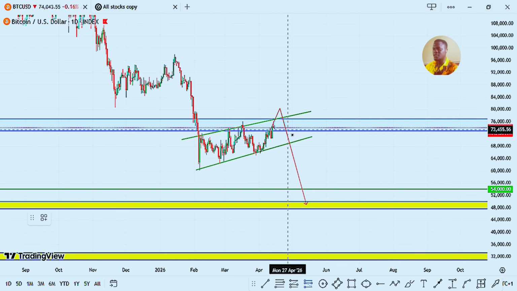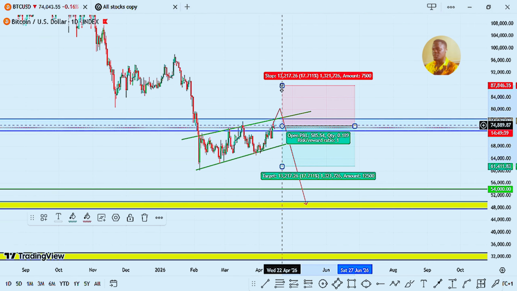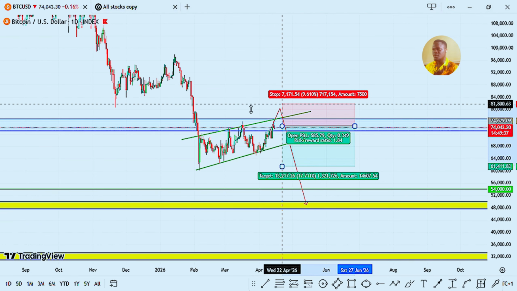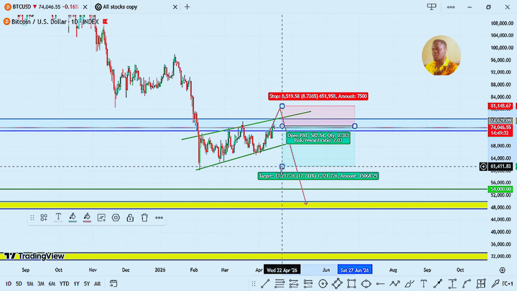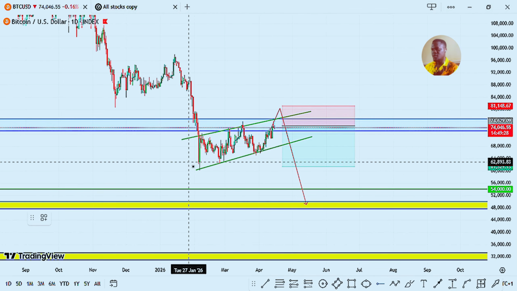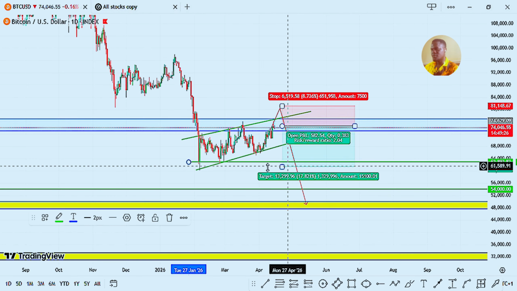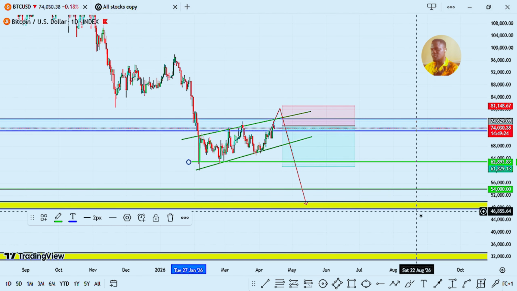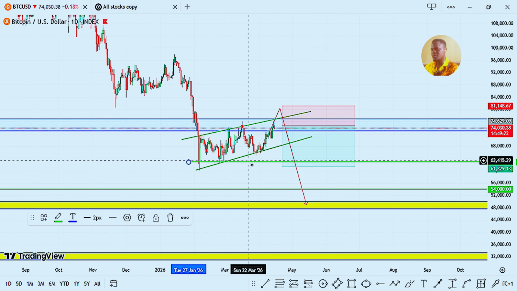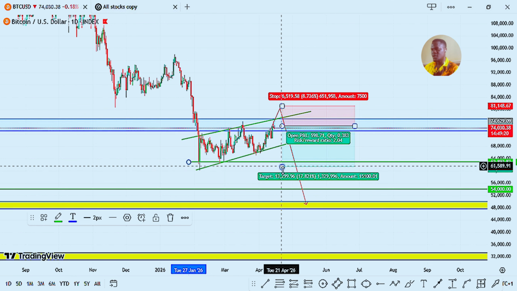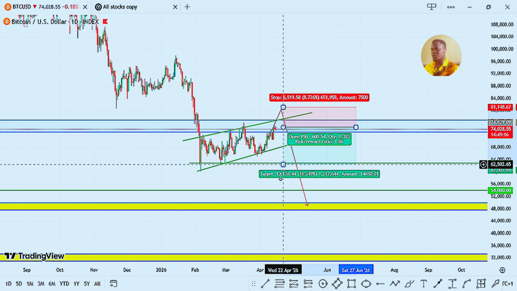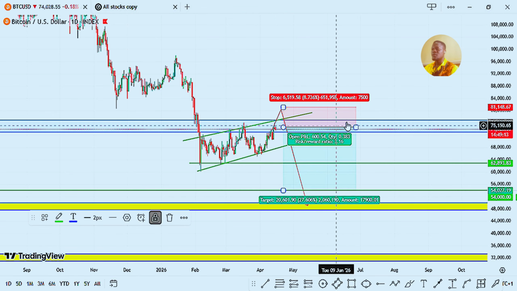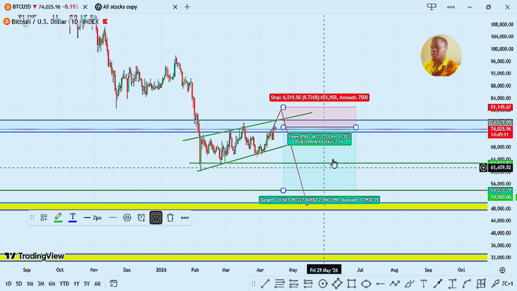I'm still favoring the downside on Bitcoin, so I'll be looking for a sell opportunity with my first profit target at this level of 63,000. My second profit target is going to be 54,000. This is how I'm timing my entry on Bitcoin.